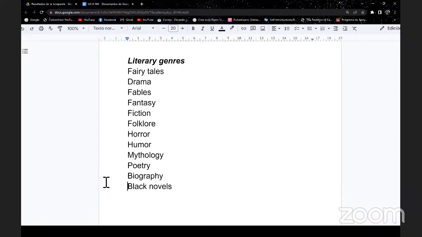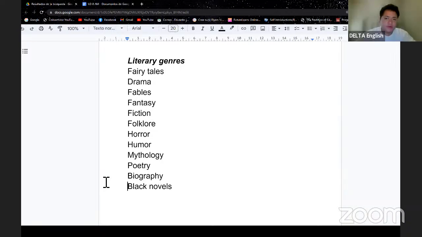My favorite is black novels, drama, fantasy. Okay, very good. My favorite, I think, is science fiction too. I like Isaac Asimov. He's my favorite writer.